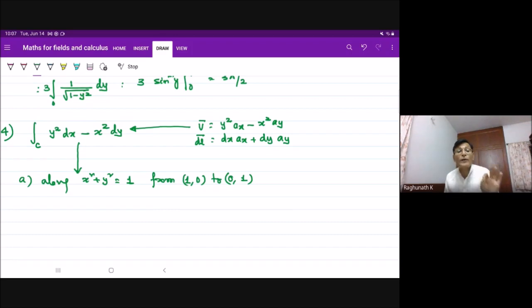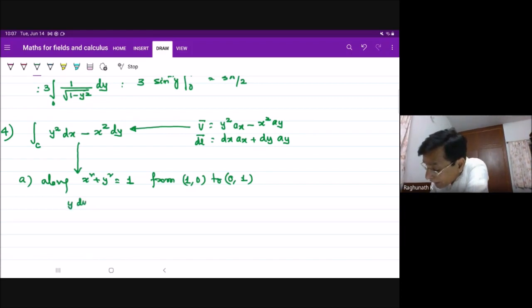I know that x square plus y squared is equal to 1. Y dy by dx is equal to plus, sorry, 2y dy by dx plus 2x is equal to 0.